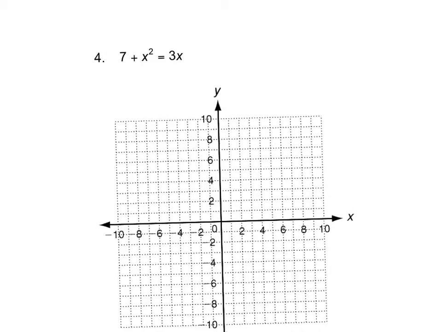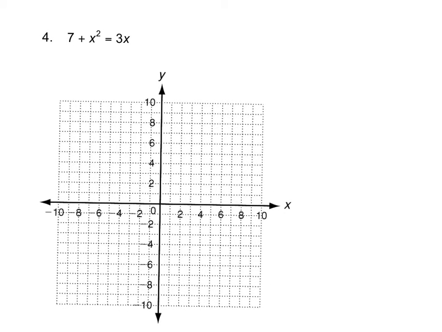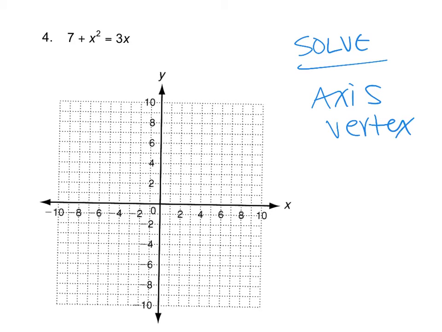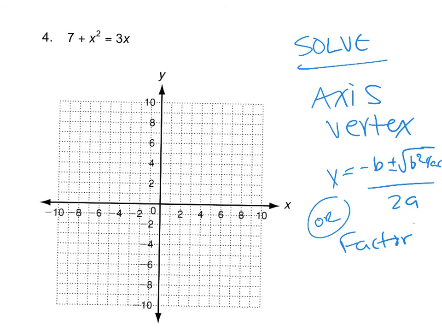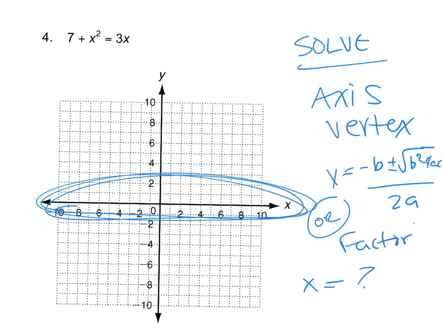So for this last question that you are expected to do, in order to solve it, you are going to find the axis of symmetry. I want you to find the vertex, and then you could either use the quadratic formula, x equals negative b plus or minus the square root of b squared minus 4ac, all over 2a, or you could factor in order to solve for what x is equal to, which is going to be the x values on there.